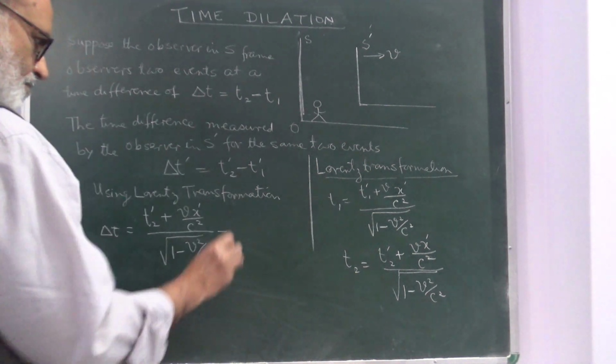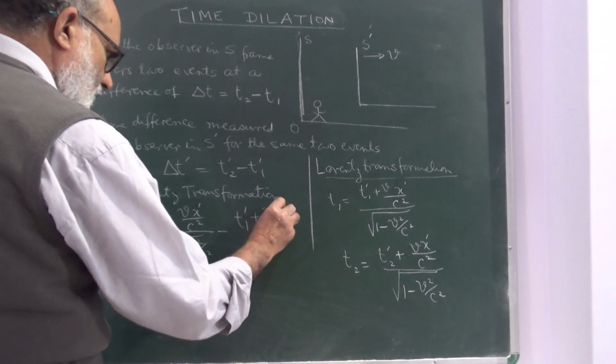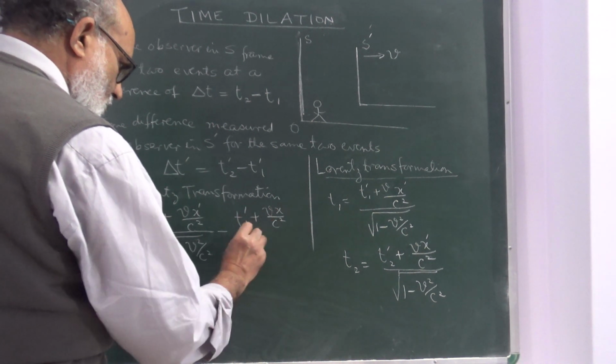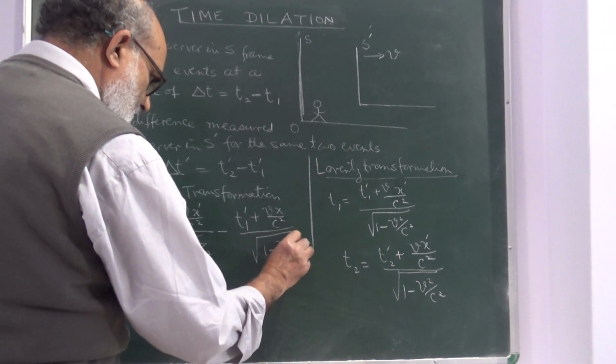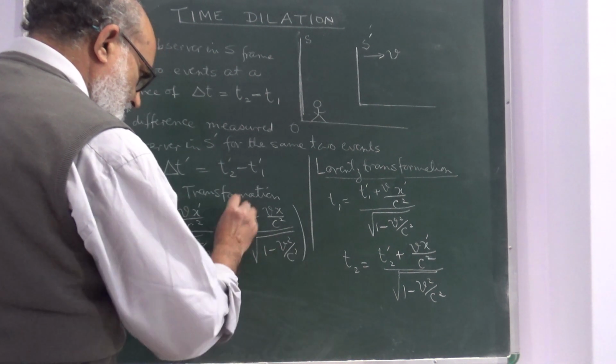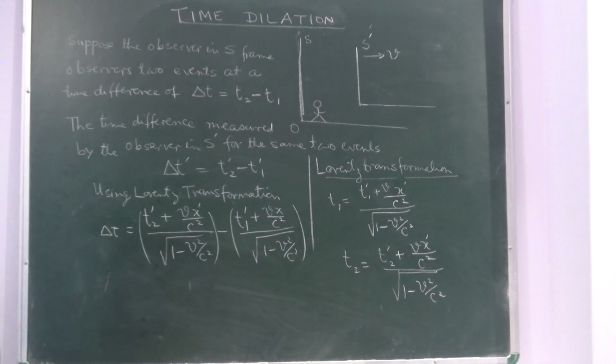T1 is T1 dash plus Vx by c square over root of 1 minus v square by c square.